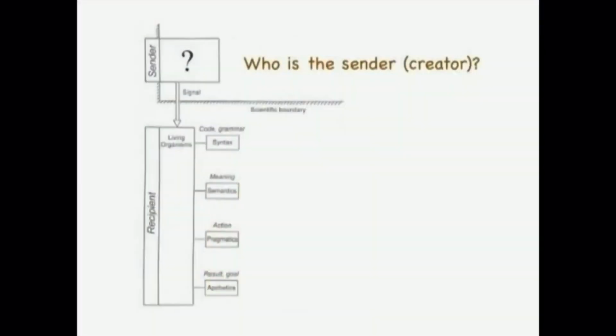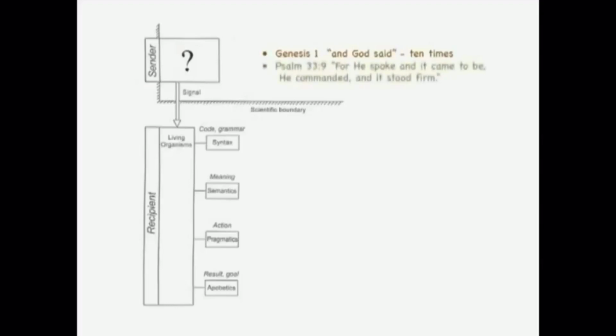And the Bible tells us in Genesis 1, ten times, and God said. And in Psalm 33 we read, for he spoke and it came to be, he commanded and it stood firm. The sender, God, can do it in a very short time.